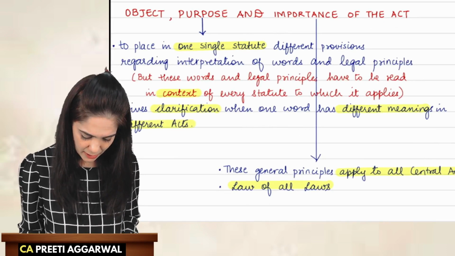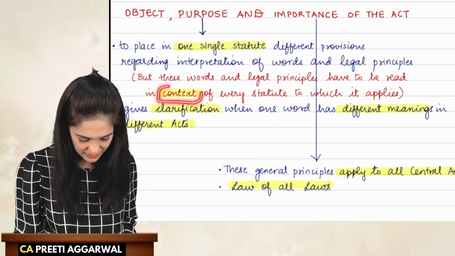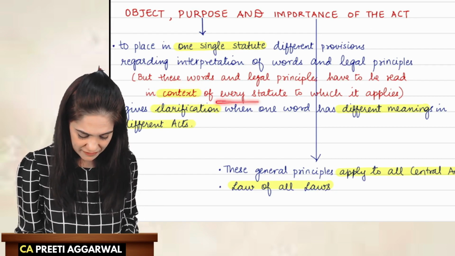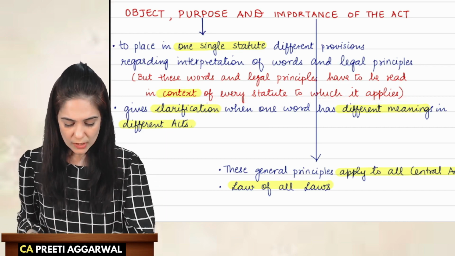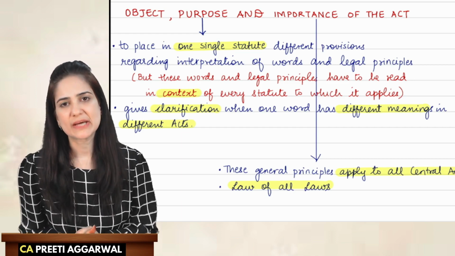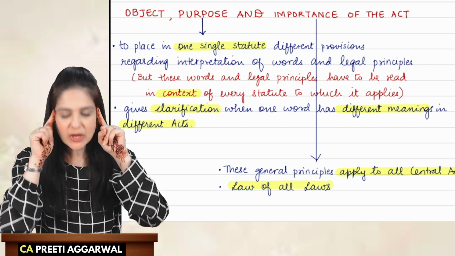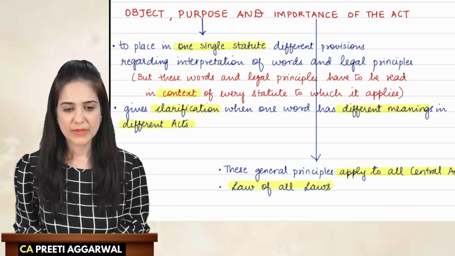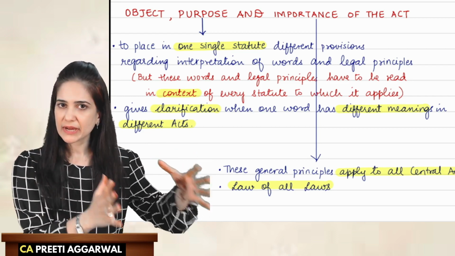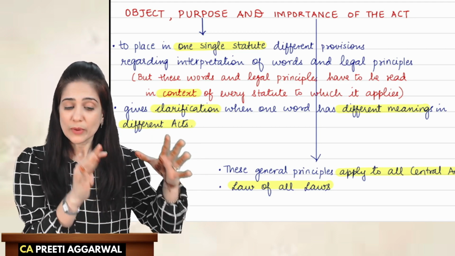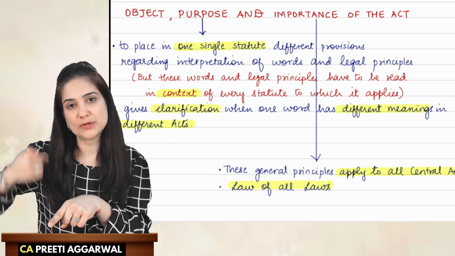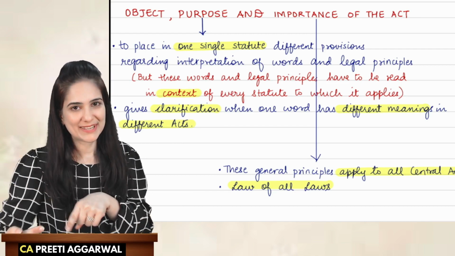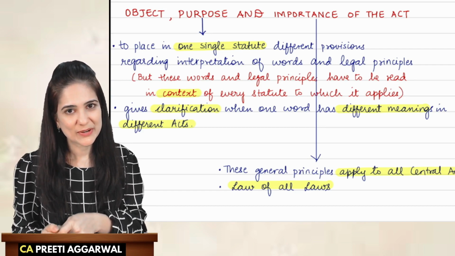These words and legal principles, however, have to be read in the context of every statute to which they apply. Whenever we read something, always keep the context in mind. When you're reading the Contract Act, keep contract in mind. When you read the Sale of Goods Act, although it is a contract of sale, you also need to add the knowledge of the Sale of Goods Act there.